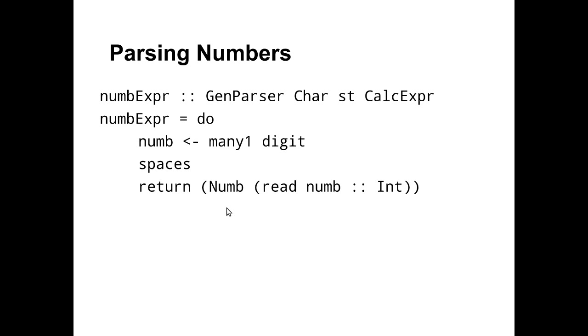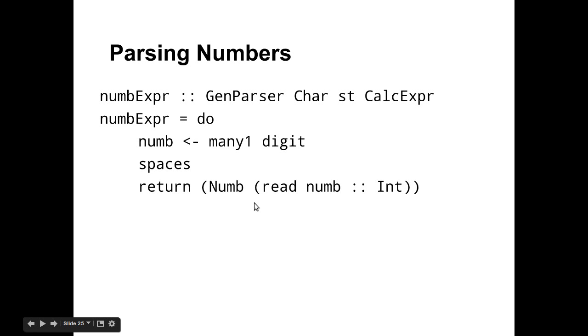So here's that numExpr from the file, and like I said, this numExpr thing has this type, which I'm not going to explain except to say that this is the type that Parsec is expecting in its parsers. And then we say do, because this is in a monad, because we want to do something in a sequence. First, we want to match one or more digits. Then after that, we want to match some spaces, 0 or more spaces.